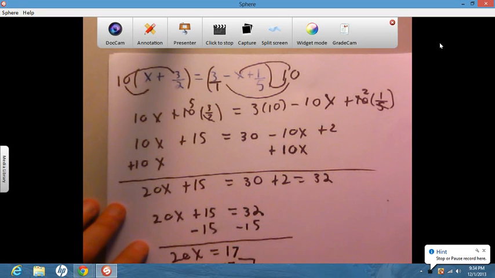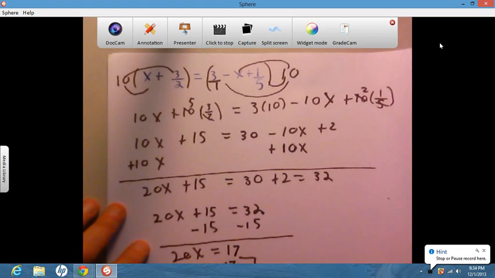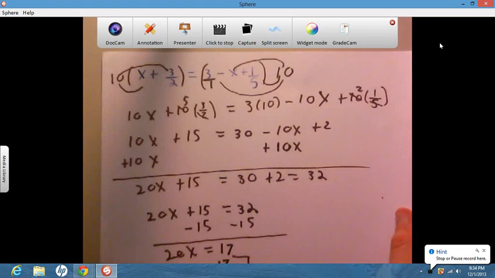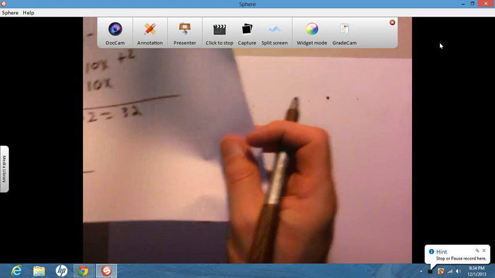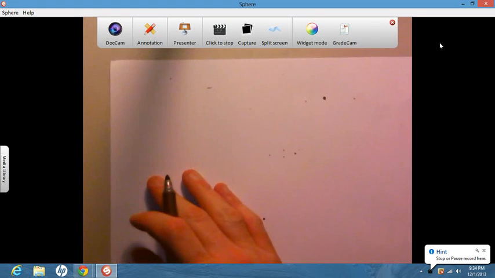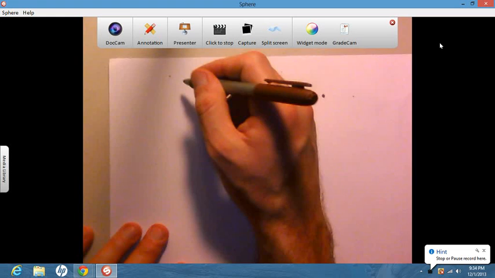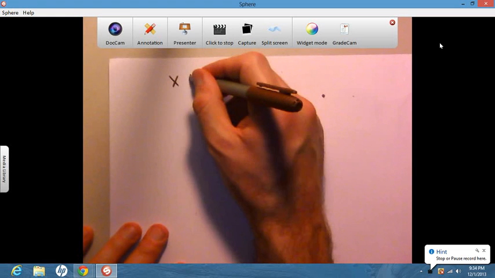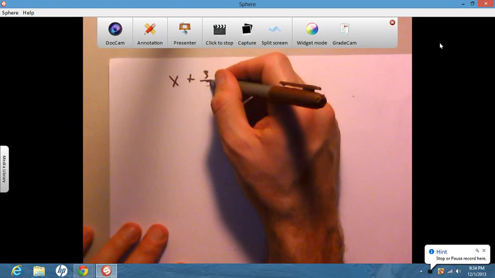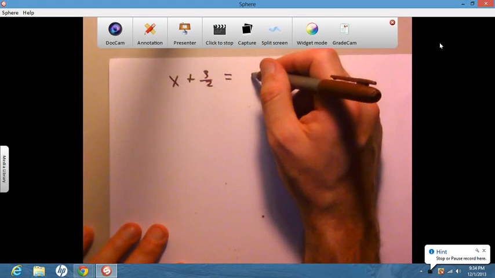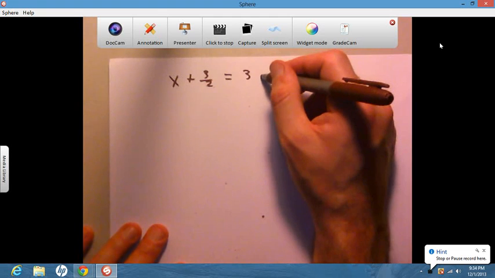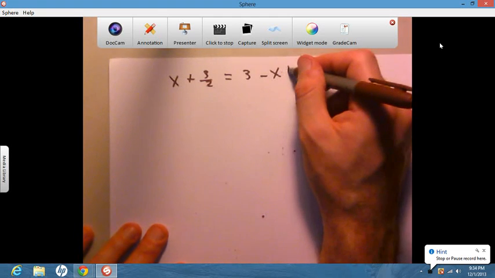Now I can check myself by going back to the original problem. So the original problem says that x plus 3 over 2 is equal to 3 minus x plus 1 over 5.